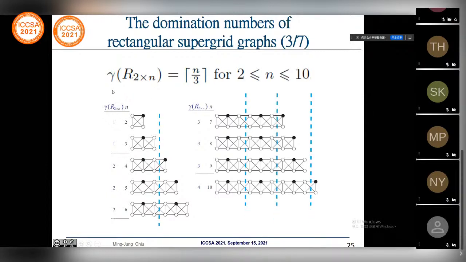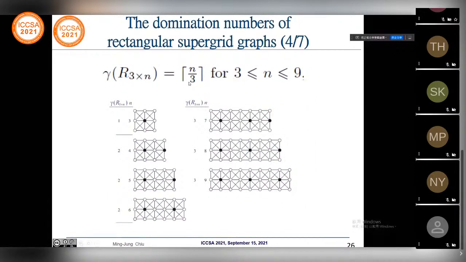We can make rectangular 2 by n into many parts of the group. So gamma of rectangular 2 by n equals floor of n divided by 3. In the same way, we can get gamma of rectangular 3 by n equals floor of n divided by 3. Now we think about a group as 9 points, and every group has a dominating vertex.